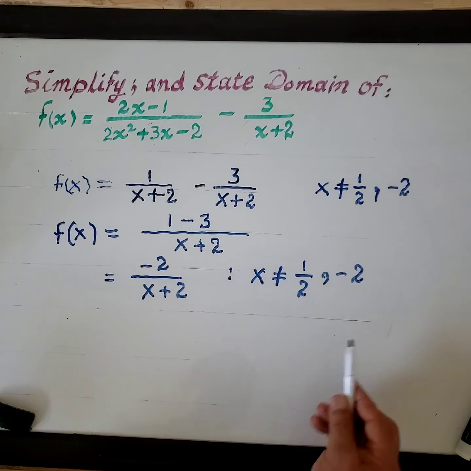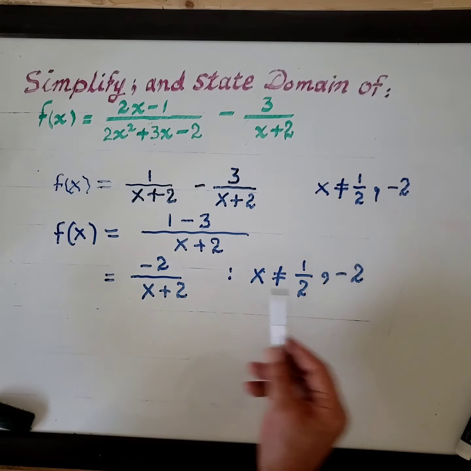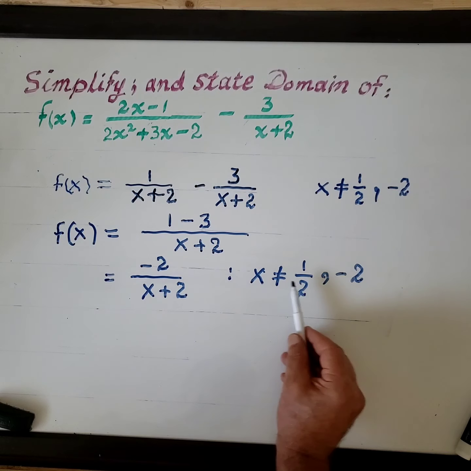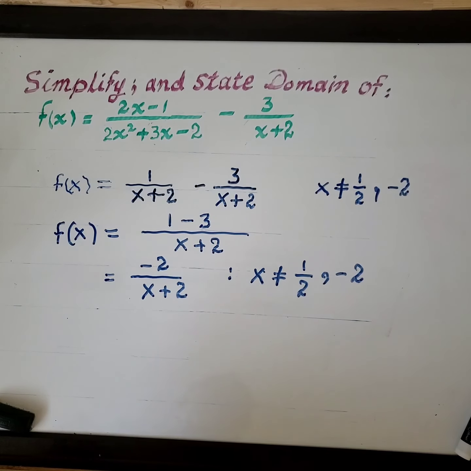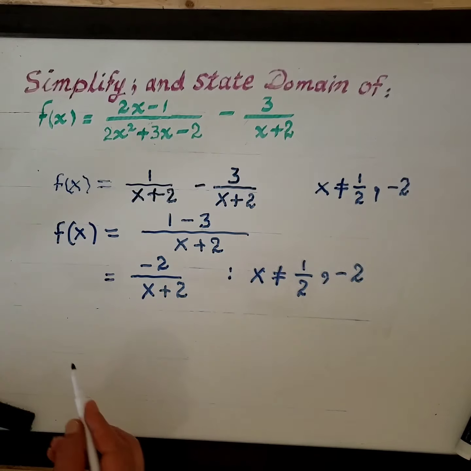So the domain is clear. It's all the real numbers except those two numbers. And we can state it like here.